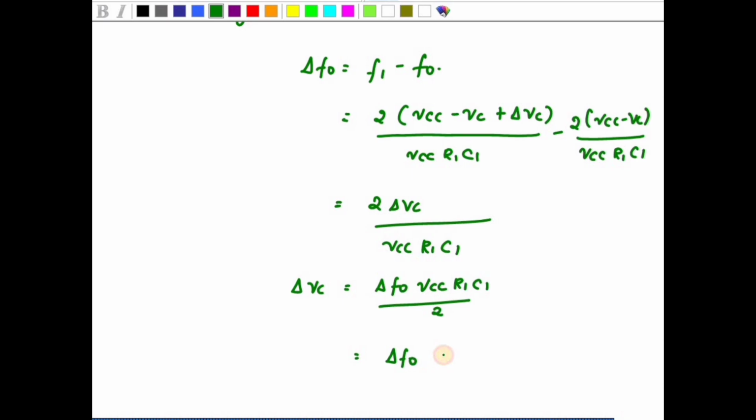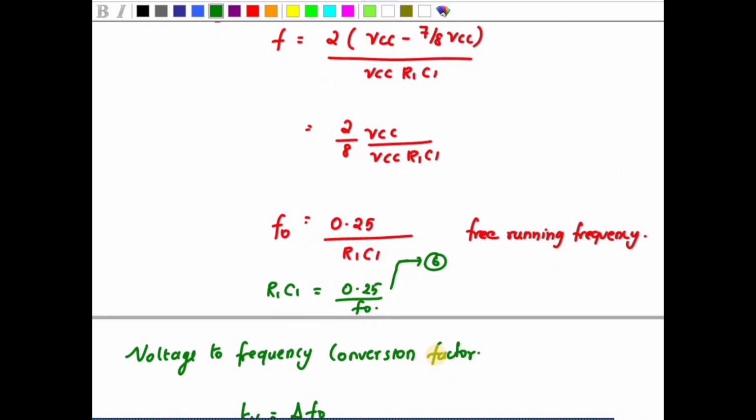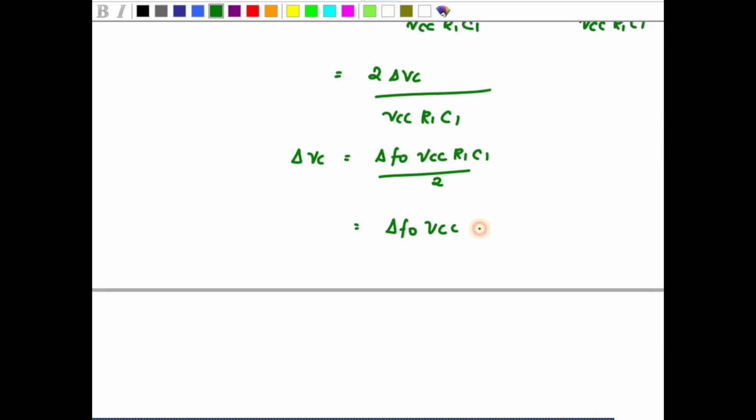So I will get del F naught VCC. What is R1 C1? It is nothing but 0.25 into F naught. So this is nothing but del F naught VCC divided by 8 F naught.